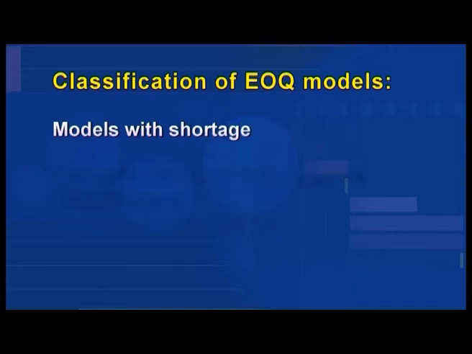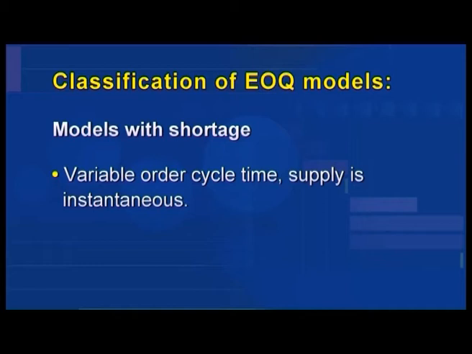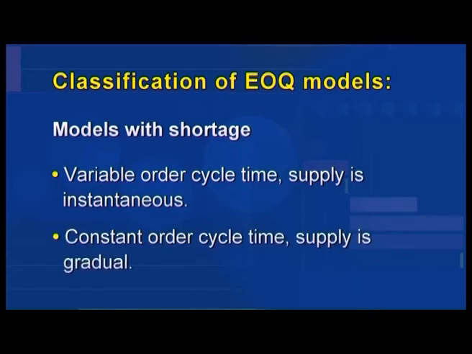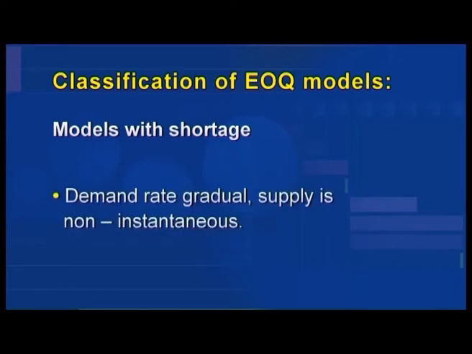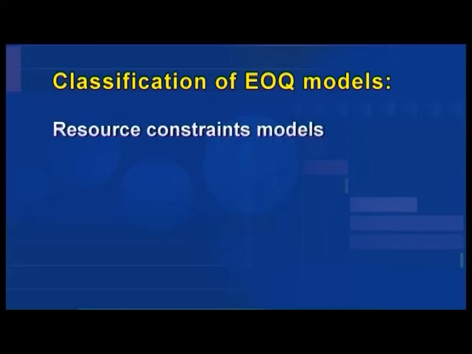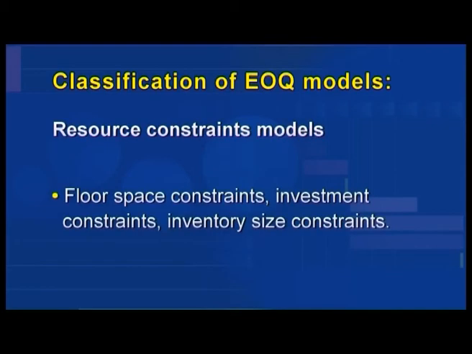Models with shortage, which include variable order cycle time with instantaneous supply, constant order cycle time with gradual supply, and demand rate gradual with non-instantaneous supply. And resource constraints models, which include floor space constraints, investment constraints, and inventory size constraints.